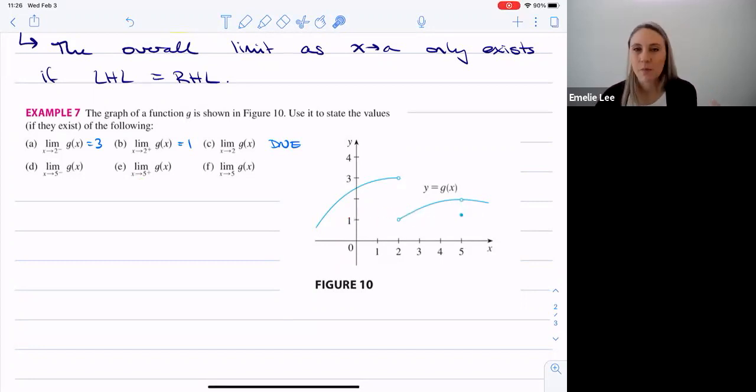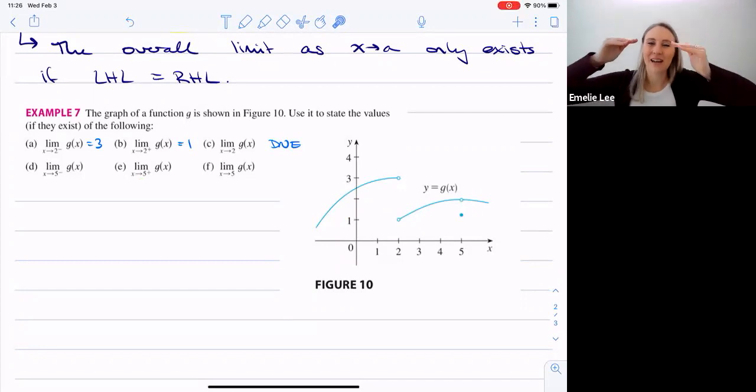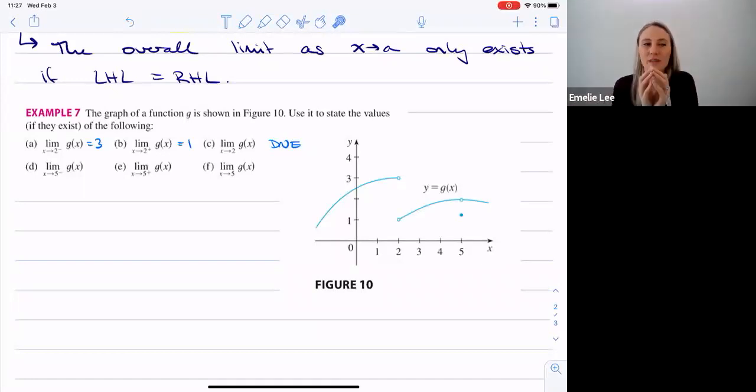It doesn't matter what it is, but it is defined at x equals 5. However, as we approach 5, our limits seem to be about 2, approaching the same value. So the limit of g of x at 5 is actually just going to be 2, regardless of it being defined at x equals 5.